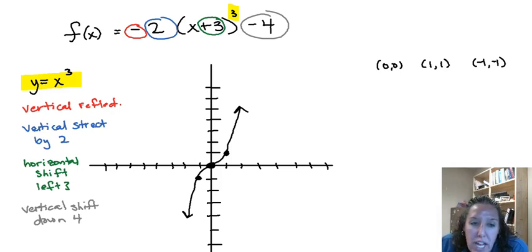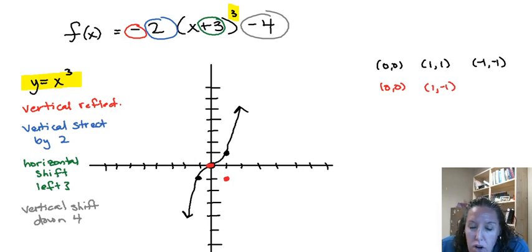A vertical reflection means we're going to reflect it vertically. This point at the origin is going to stay at the origin. The point at (1, 1) is going to flip across the x-axis and go to (1, -1). It is a vertical change, so only the y value will change.